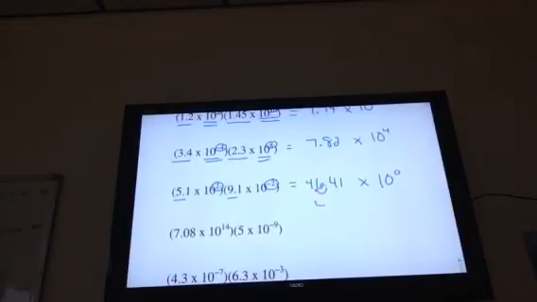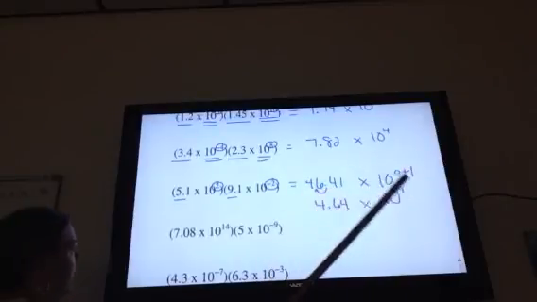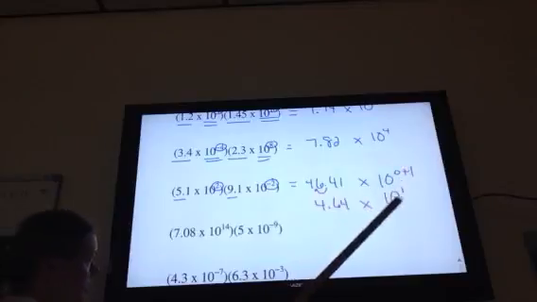So I'm going to make it 4.641. But if I'm going to do that, I need to add a power. So 0 plus 1 is 1. So if I'm going to change this part, I also have to change this part, or it's not equal anymore. Okay? So what I did was I made the 46.41 smaller, so I made the power of 10 bigger by 1.